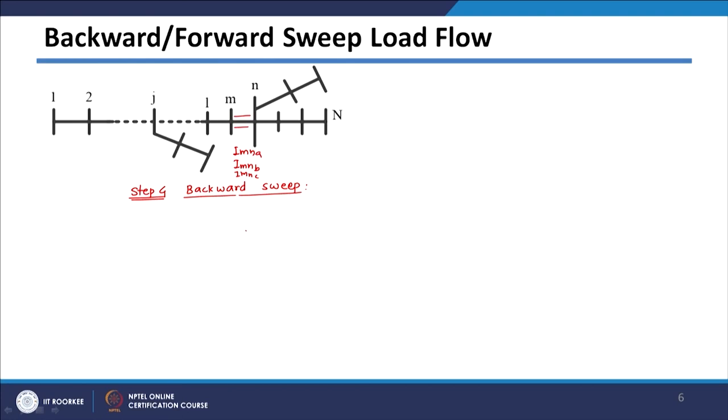So, we need to calculate all the 3 phases. For any branch, the mnth branch, I can get I m n A, or instead of this I can just write I A m n, I B m n, I C m n.